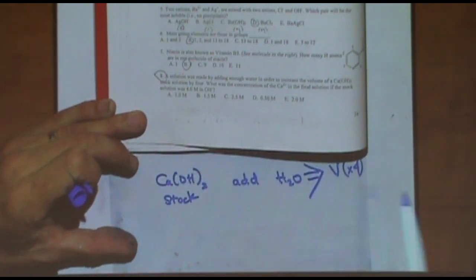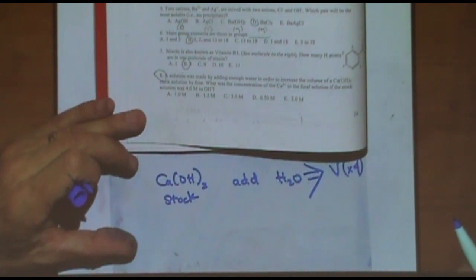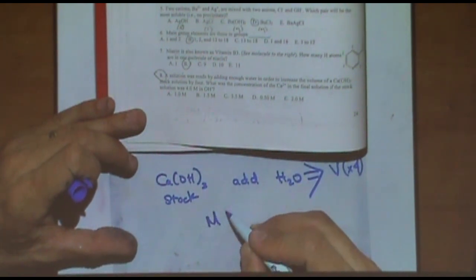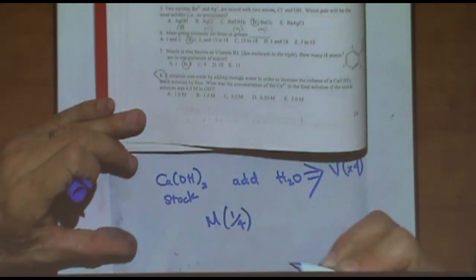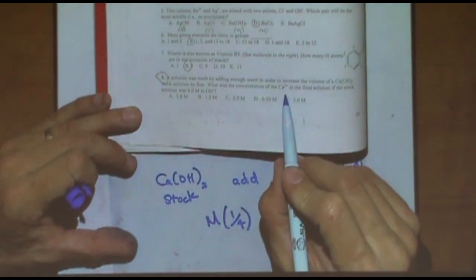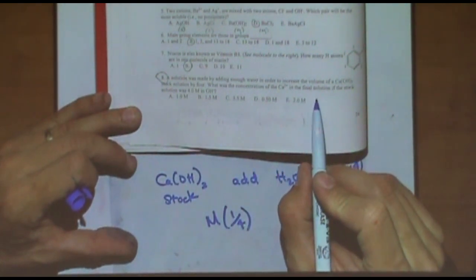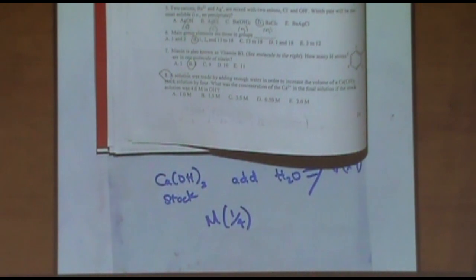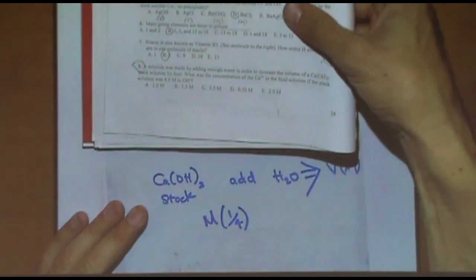So the molarity will go down by 4 times. You already know that the molarity is going to go down 4 times if the volume goes up 4 times. Okay, what was the concentration of calcium in the final solution if the stock solution was... Okay, I have to move this.